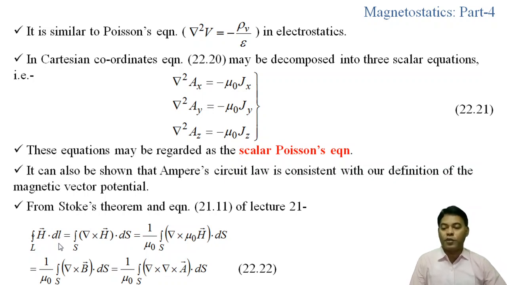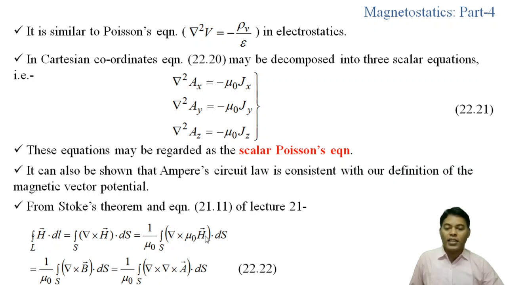Now if we apply Stokes theorem on the first part of this equation, then we can convert the line integral to a surface integral, that is the open surface integral of grad cross H dot ds. Now if we multiply this term with 1 by mu naught, here I am writing that it equals 1 by mu naught surface integral of grad cross mu naught H dot ds.